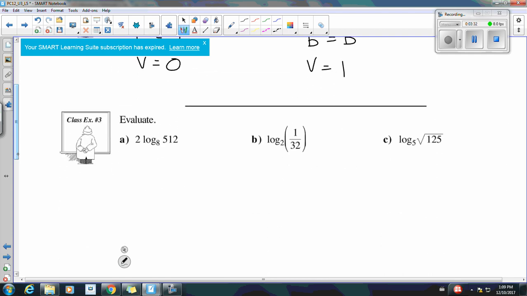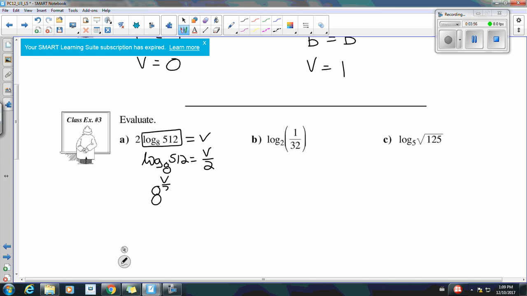Of course, it gets a little trickier when we add some other numbers in here. There are a couple of ways you could think of it. You could calculate this value first and then multiply your answer by 2. Or you could make the whole thing equal to v and divide both sides by 2, so log base 8 of 512 equals v over 2.